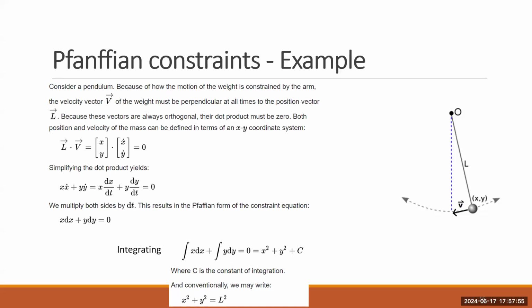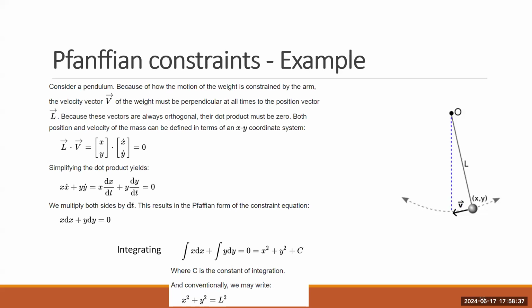Is there any physical meaning of Pfaffian constraints? Intuition, yes. For example, this is the intuitive example. And in general, it's a type of constraint that we can deal with. It's not a non-holonomic constraint, which is very difficult because it constrains the velocity to be able to move or not to be able to generate velocity in certain directions.